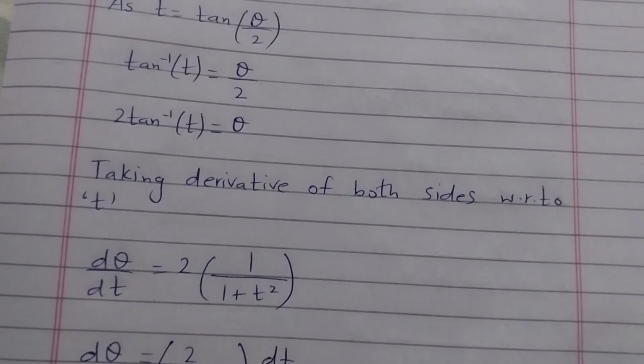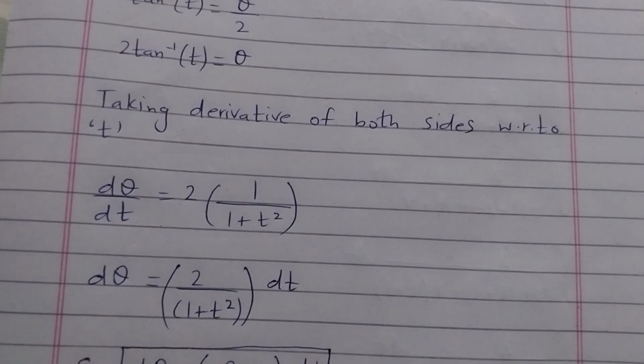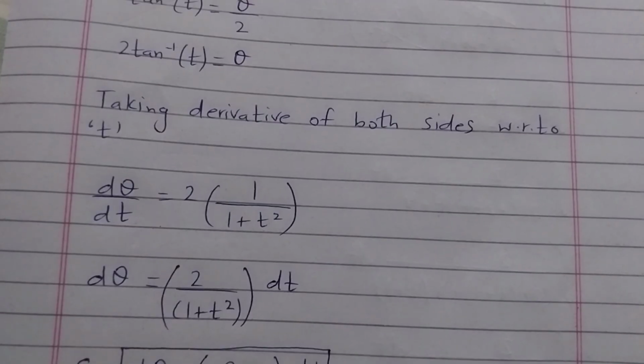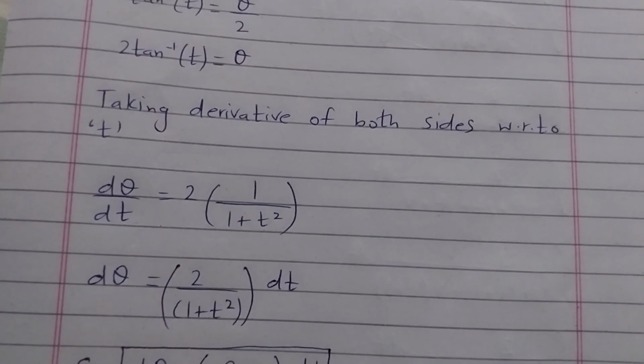So it is 2 times 1 over 1 plus t squared, as the derivative of tan inverse of any variable with respect to that variable is 1 over 1 plus that variable squared.